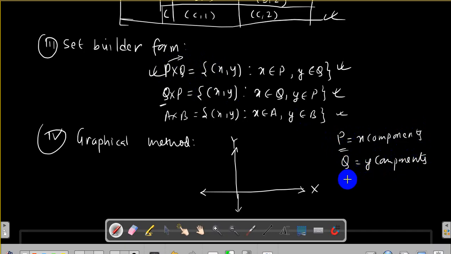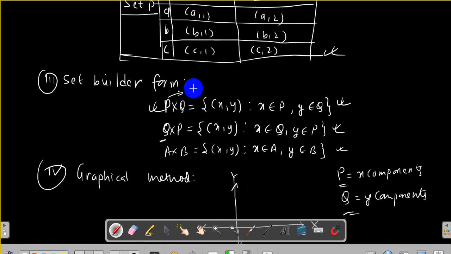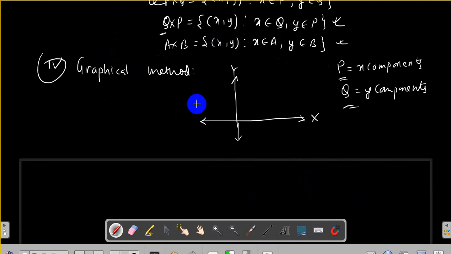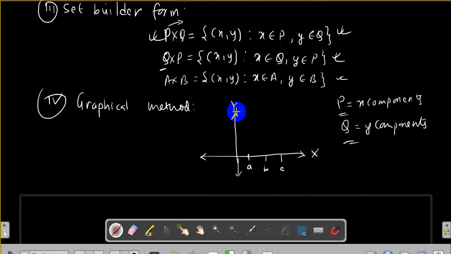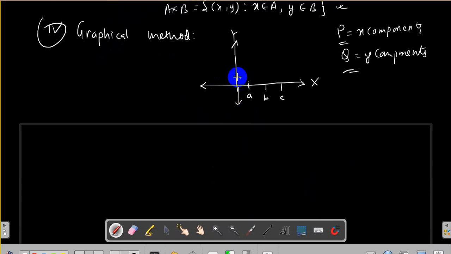The elements of P are A, B and C, and the elements of Q are 1 and 2. So it will be 1 and this will be 2.